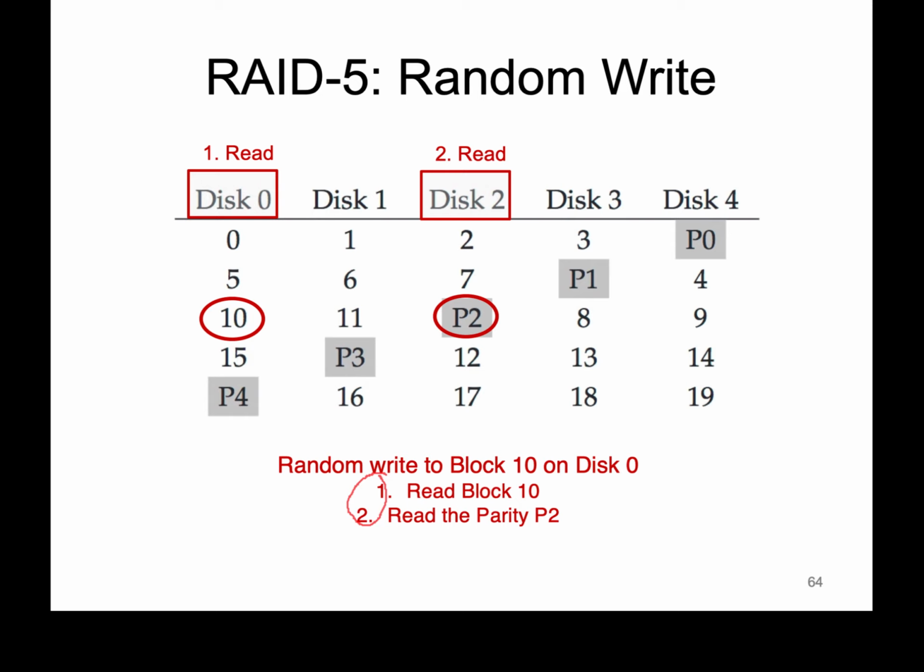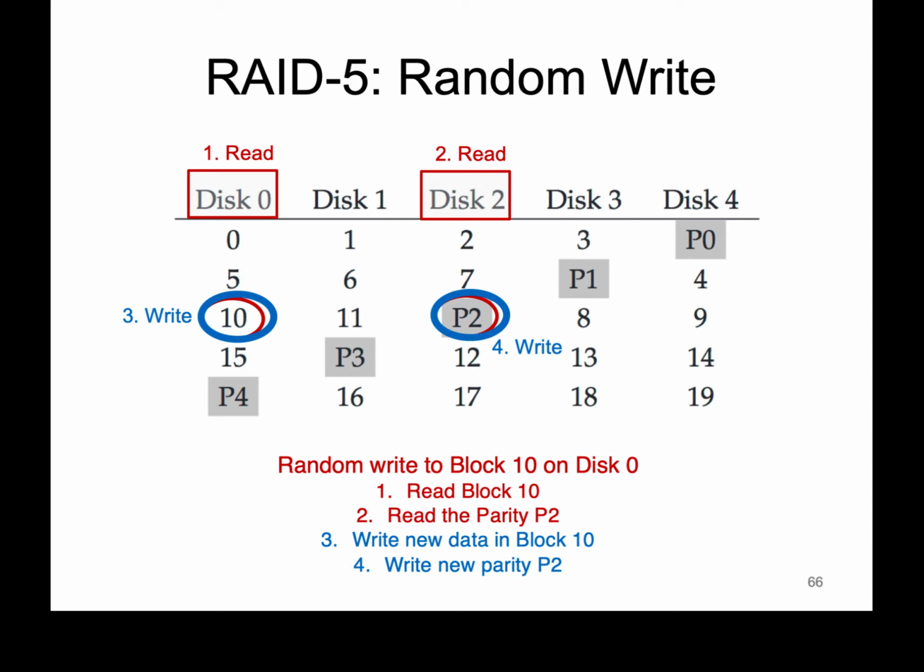And then you need to update this data block. You have a random write targeting this data block 10. And then, because you have to modify the parity result as well, there's a fourth random IO, which is the second random write, hitting the second parity, which is P2, corresponding to this logical block number 10.